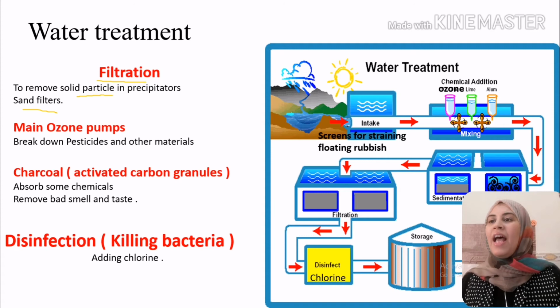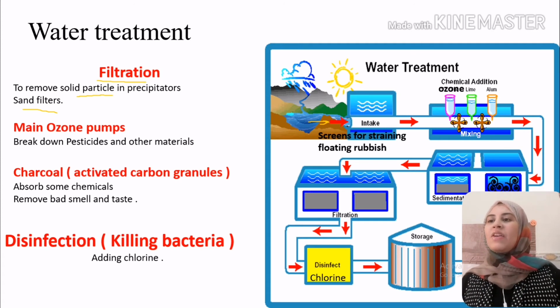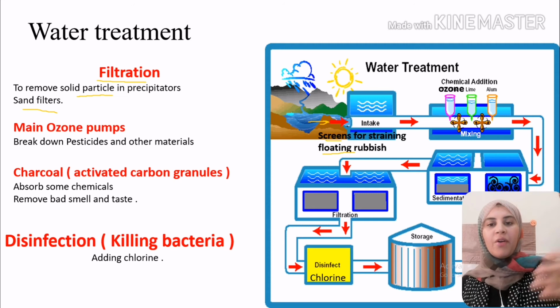At first, we have water from streams, from river, from rain. Directly, we will start to collect it in our water treatment plant. We have screens for straining floating rubbish, for removing rubbish out of water.